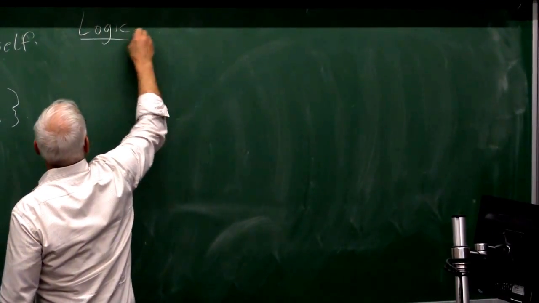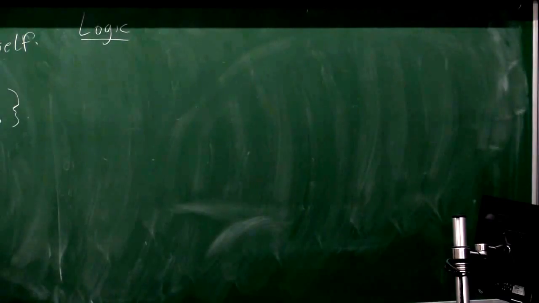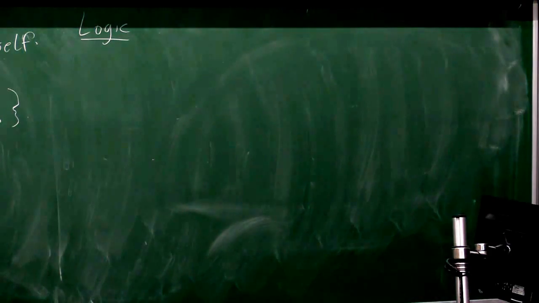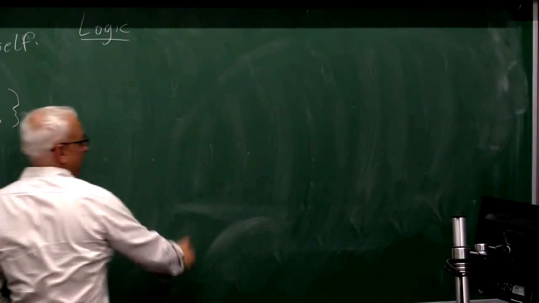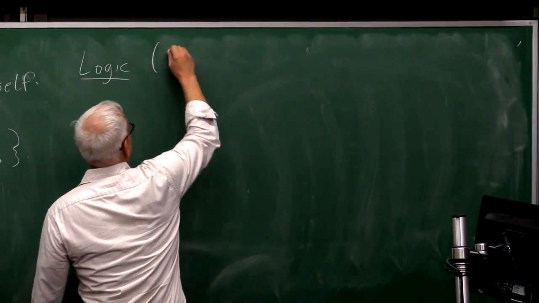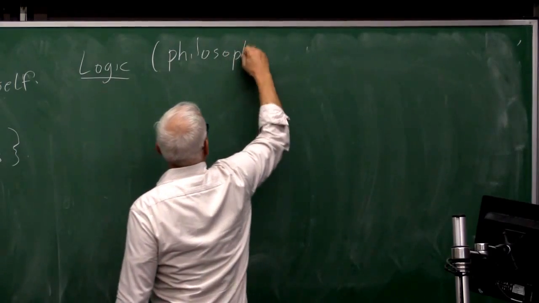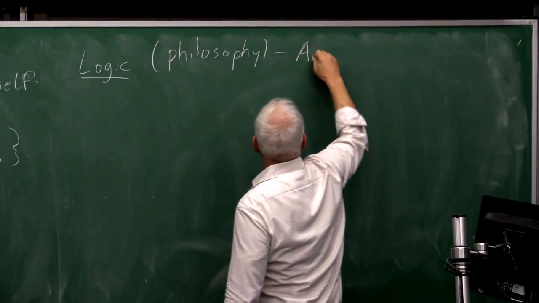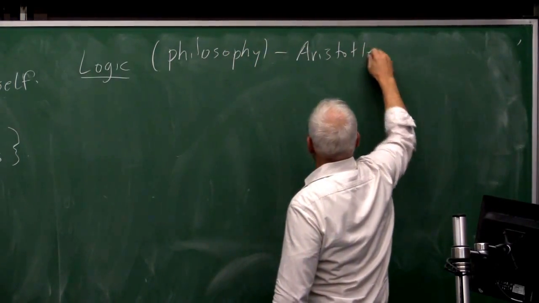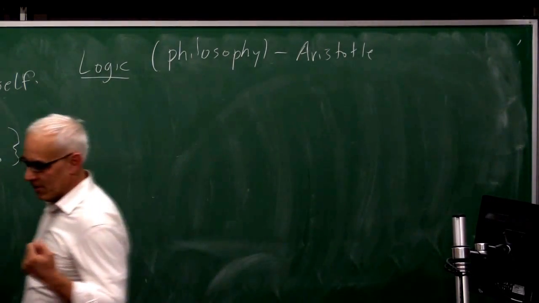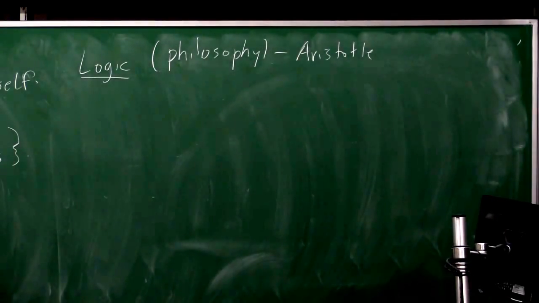All right, so logic. So classical logic goes back to Aristotle. It has its roots in philosophy. It's really historically a subject of philosophy. It goes back to Aristotle, who laid out various laws of logic. For example, Aristotle is a man.